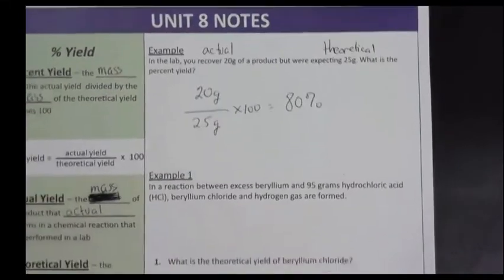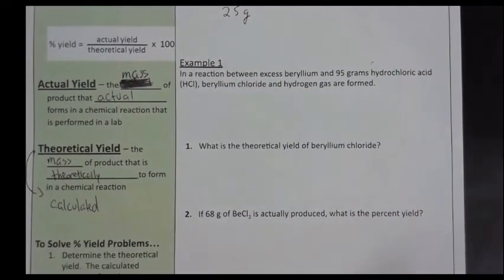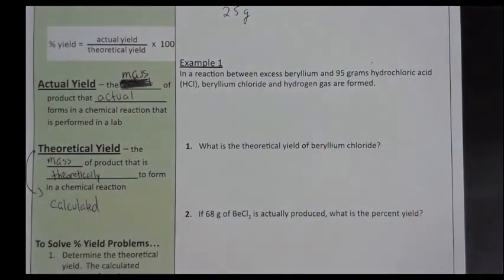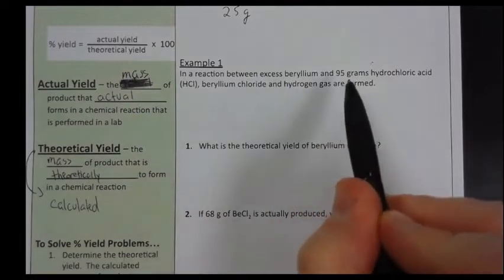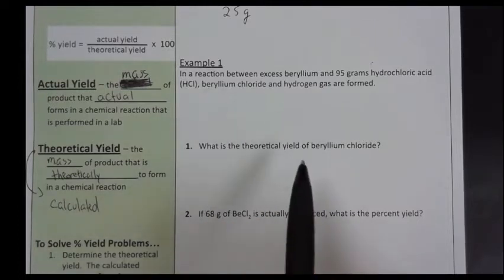Okay? So when we're calculating a percent yield on a quiz or a test or a homework assignment, we always have to be provided with an actual yield. So here's our starting point, but down here it says if 68 grams is actually produced, this is the actual yield that we're going to be comparing all of our calculated work to. Right?